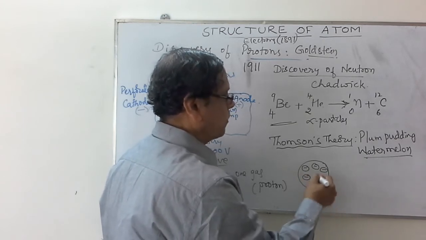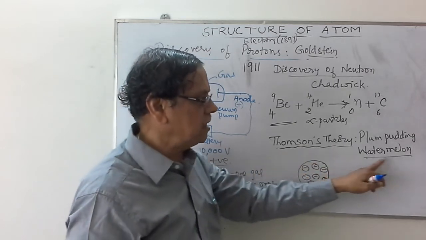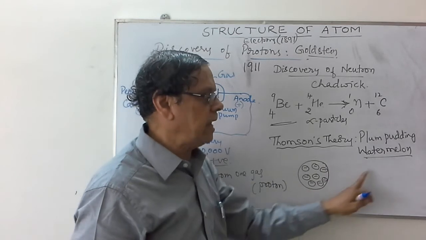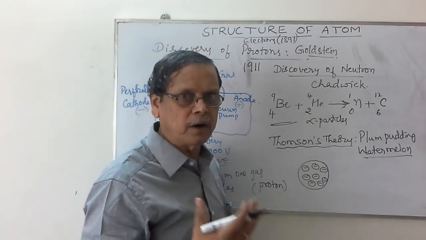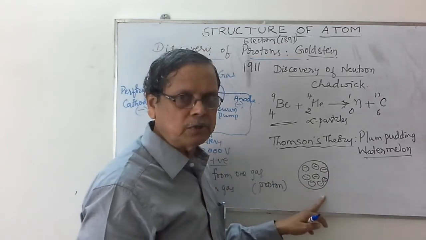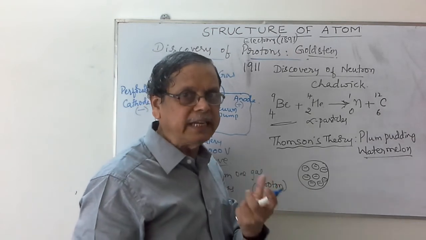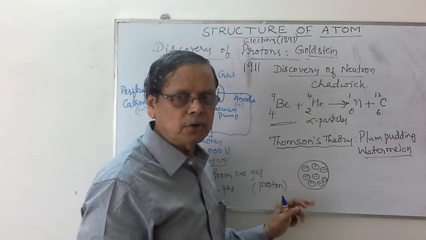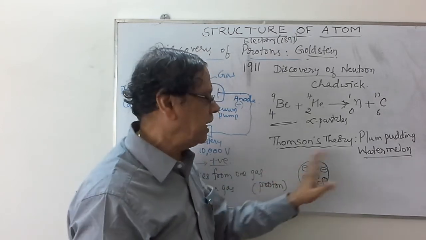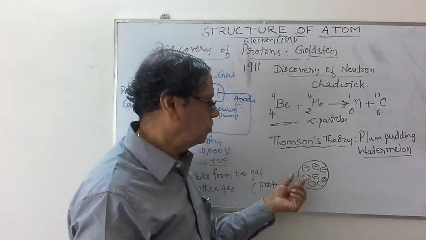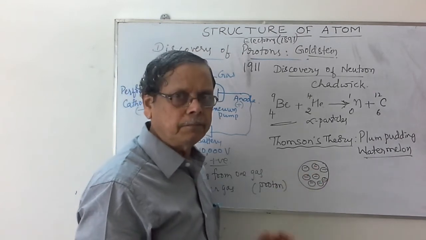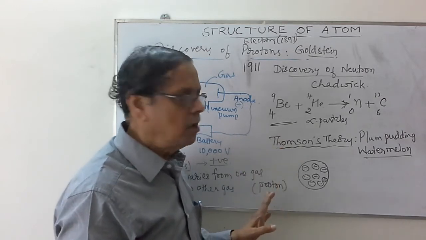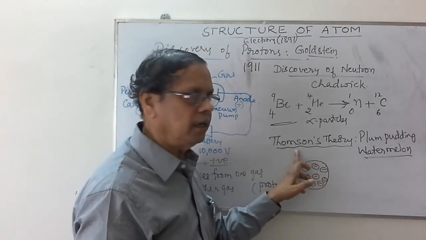This is the model proposed by Thomson, called the watermelon or plum pudding model. The whole mass carrying the red color of the watermelon carries the positive charges. The black seeds present in the watermelon are considered as the electrons. So electrons are distributed here and there to neutralize the charge on the atom because of the positively charged protons. This is the model proposed by Thomson.